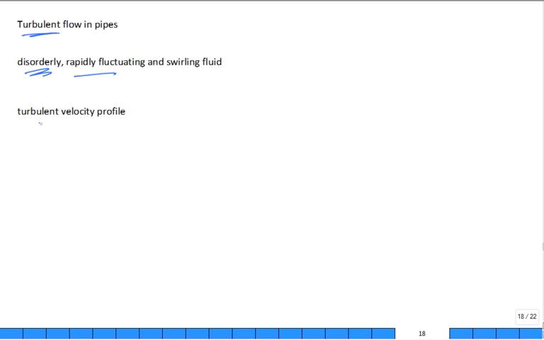It could be bumped around and end up all over different parts of the cross section of the pipe as it goes down the pipe. So the velocity profile, compared to the laminar profile, is going to be more blunt.